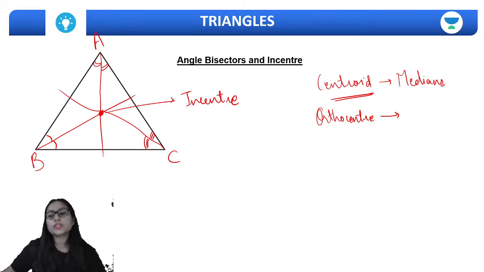Orthocenter is the intersection of all altitudes, the heights.